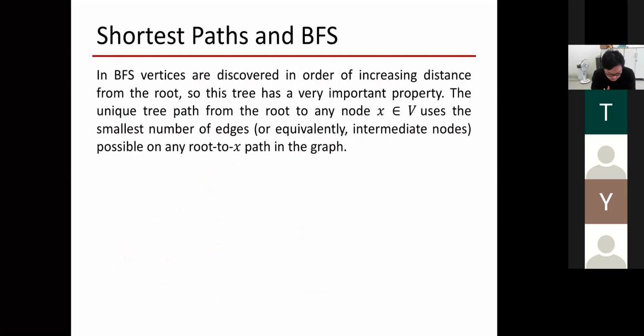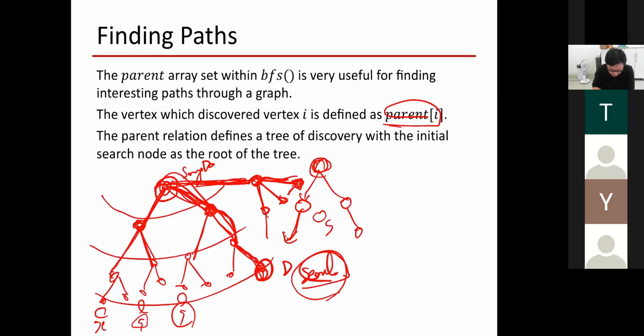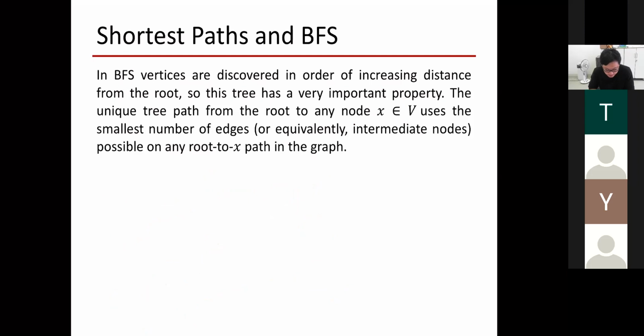In BFS, vertices are discovered in order of increasing distance from the root. We just observed that. The unique tree path from the root to any node uses the smallest number of edges. It could be multiple for the destination based on the configuration.